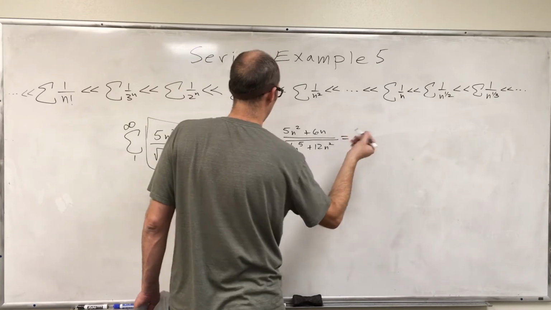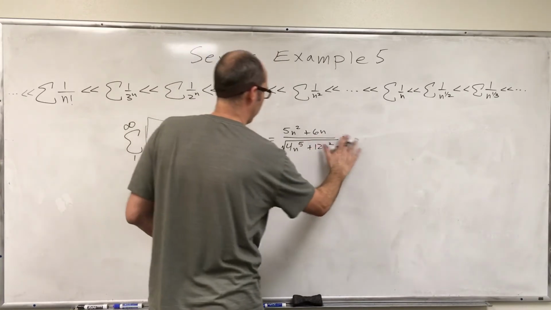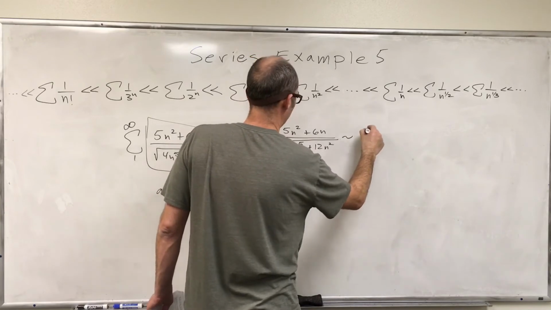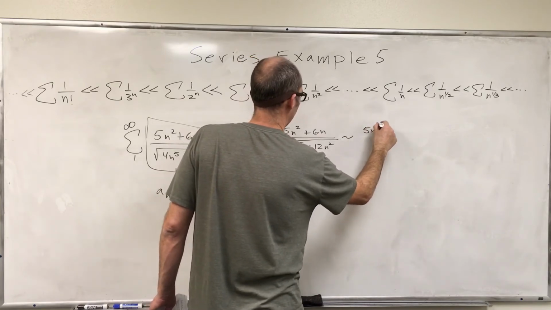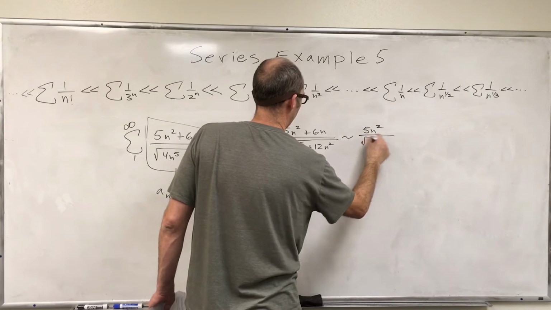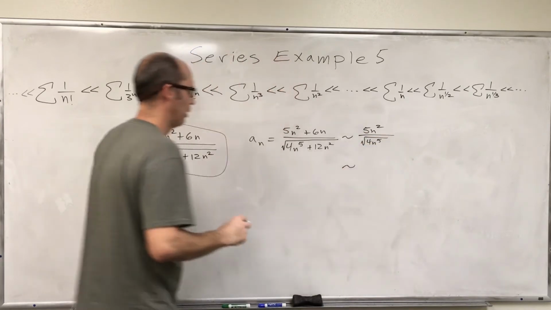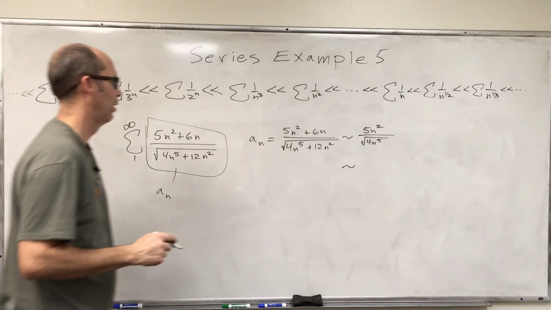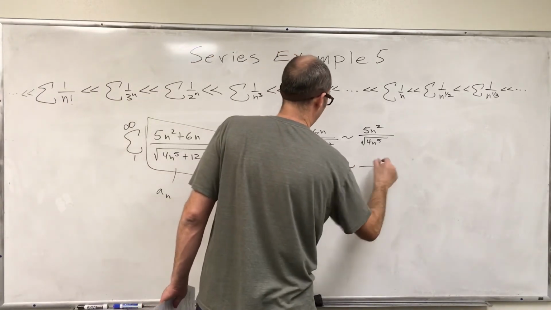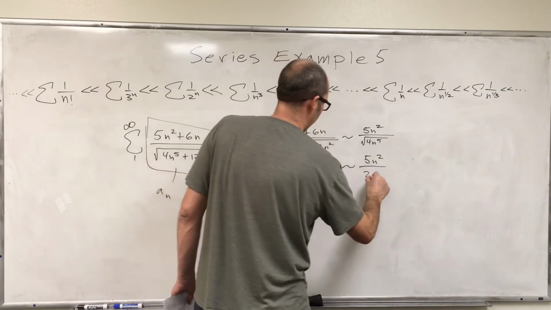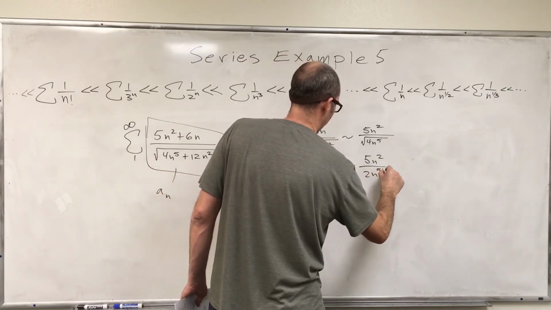Now let's pick out the dominant terms. We've got 5n squared over the square root of 4n to the 5th. Let's see, that's 5n squared. That's 2n to the 5 halves.